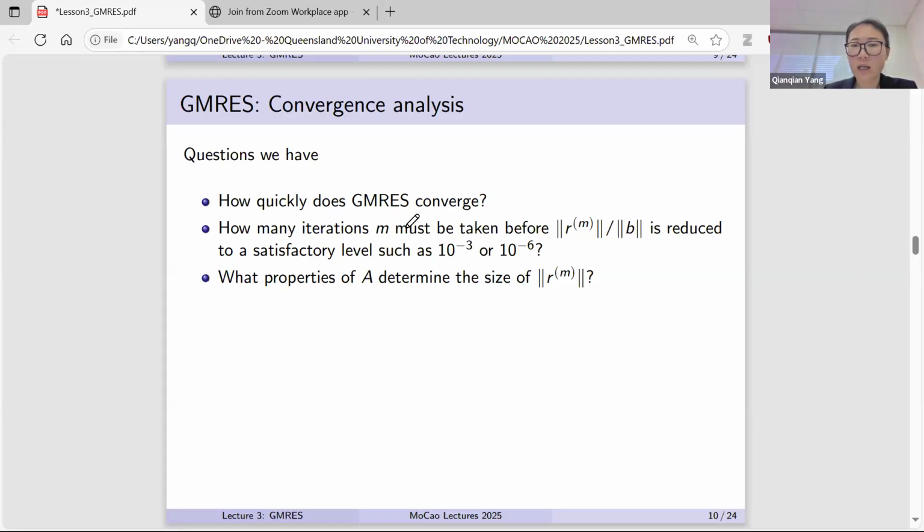How many iterations m must be taken before the relative residual is reduced to a satisfactory level, like 10 to the minus 3 or 10 to the minus 6? And what properties of A determine the size of the norm of the residual, and so determine the rate of convergence? So these are the questions on our mind.